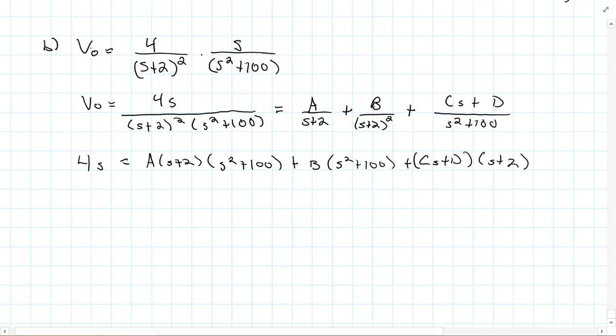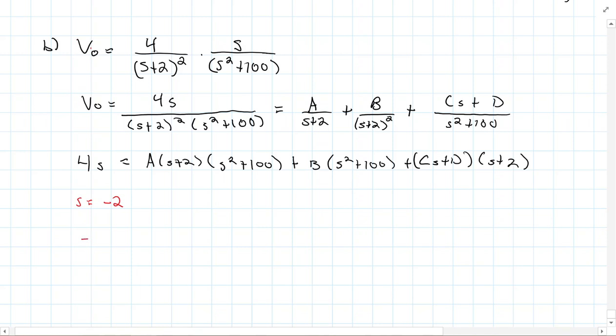Now I don't know if these A, B, C and D are going to be nice numbers. I picked it to be nice numbers for the denominators. So one kind of obvious, quote, smart number for us to pick would be s equals -2, because that would make the first term 0. The second term won't be 0, but the third term will be 0.